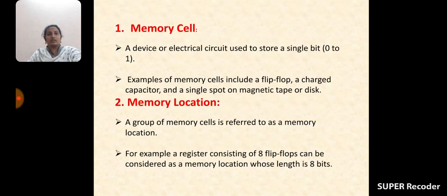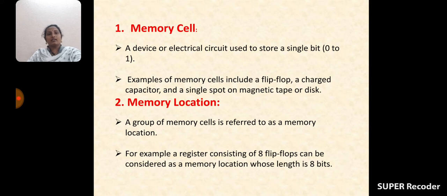And see here, first one is memory cell, a device or electrical circuit used to store a single bit is called memory cell. And examples of memory cells include a flip-flop, charged capacitor, and a single spot on the magnetic tape or disk. Okay, this cell is used to store a single bit.